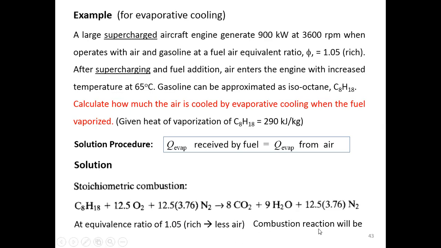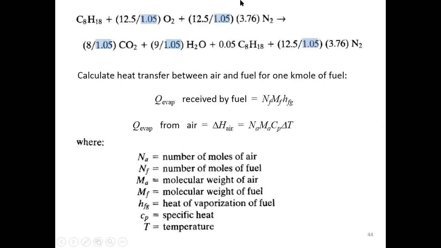So the actual combustion reaction will have everything on the air side divided by 1.05. Anything involved with oxygen on the product side also has to be divided by 1.05. Here we have oxygen divided by 1.05. This one has no oxygen. This one has nitrogen, so it's divided by 1.05 also.